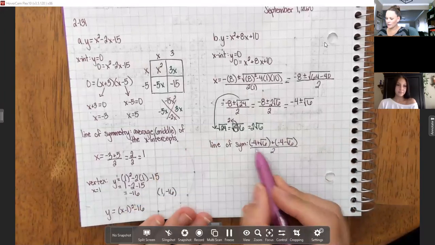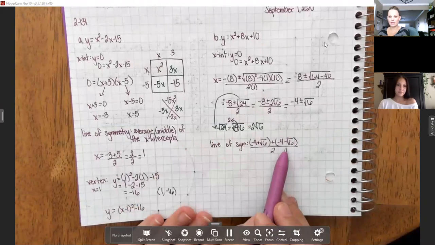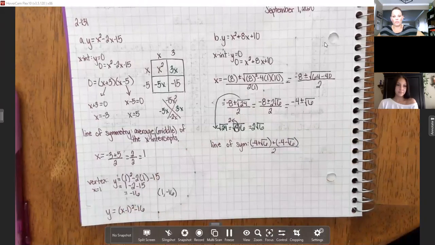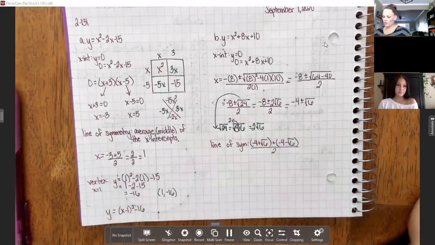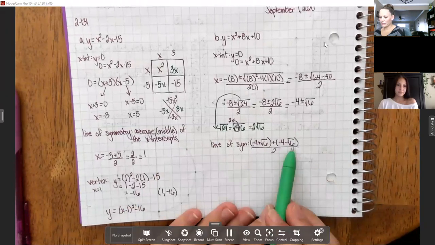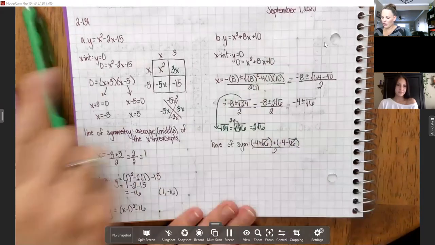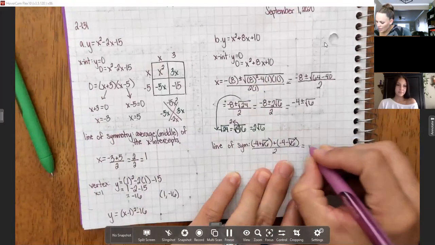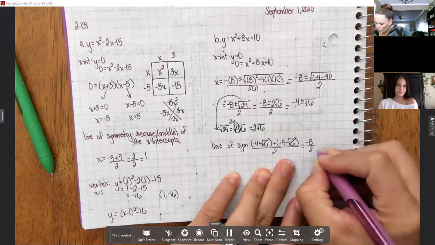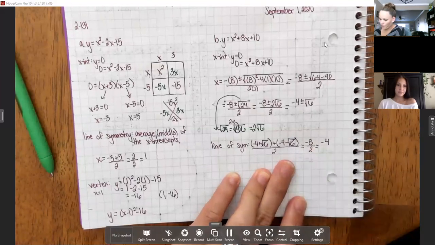Again, that's one x-intercept with the plus, and then one has the minus root 6. Well, this plus root 6 and minus root 6 are going to end up canceling out. They become a 0 pair essentially. So this is -8 over 2, which is -4.